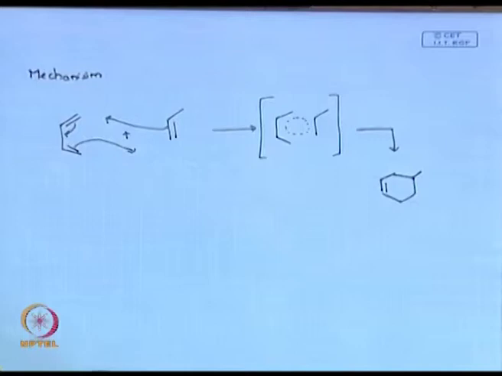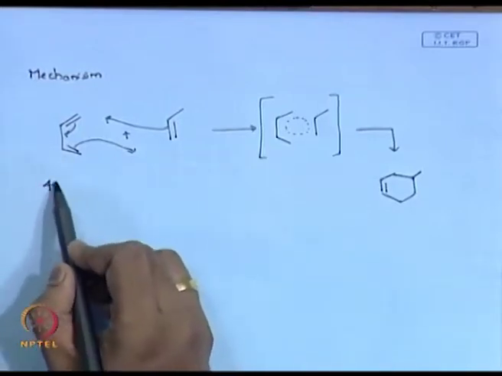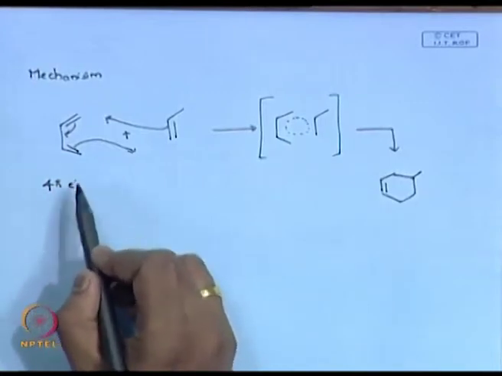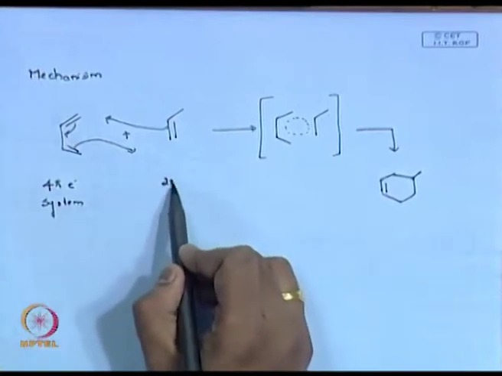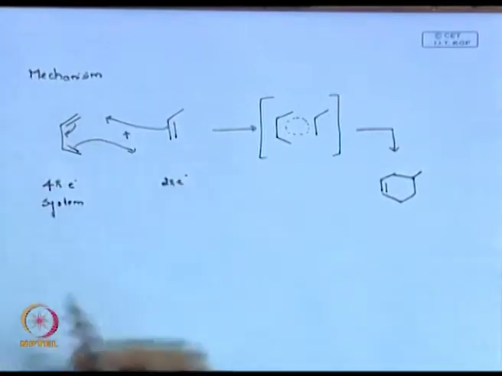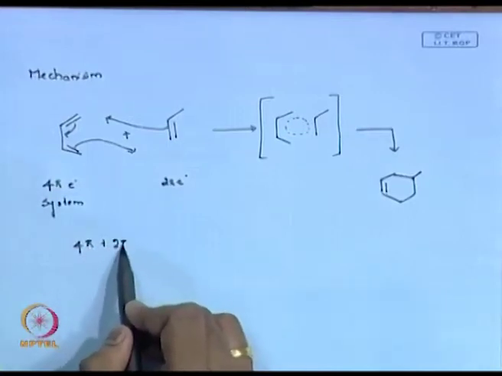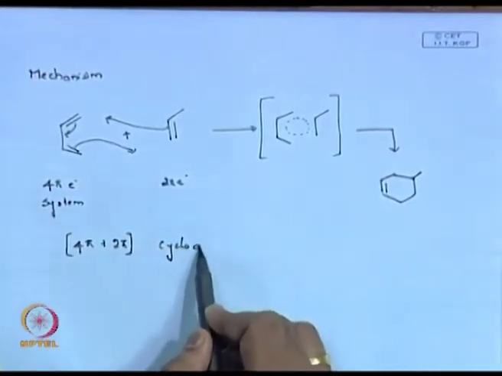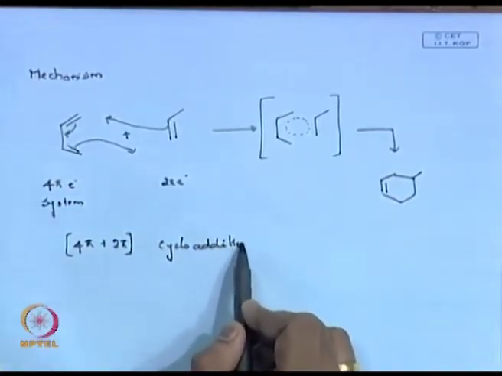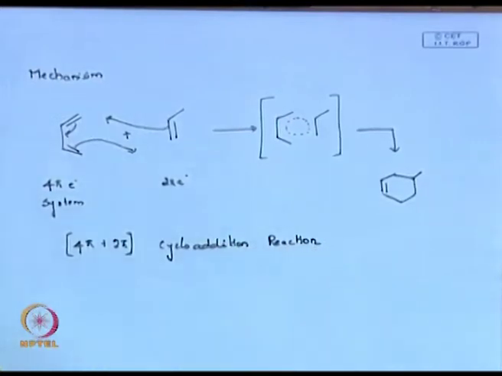If you carefully watch, your diene is a 4 pi electron system and your dienophile is a 2 pi electron system. That is why we call this reaction a 4 pi plus 2 pi cycloaddition reaction.